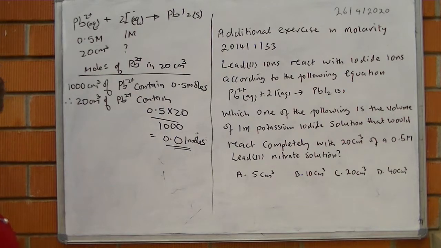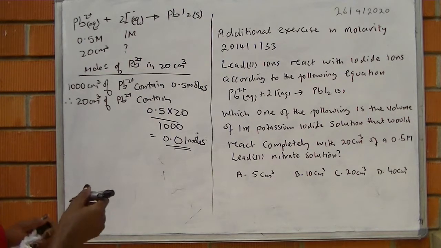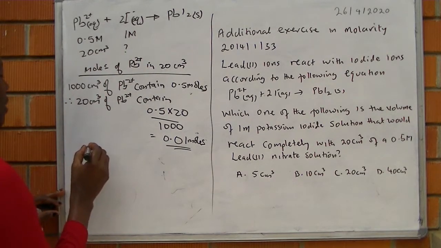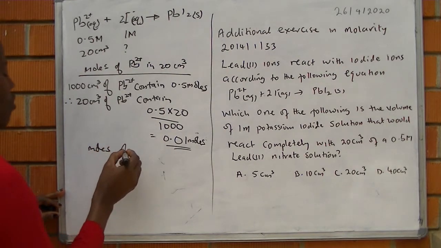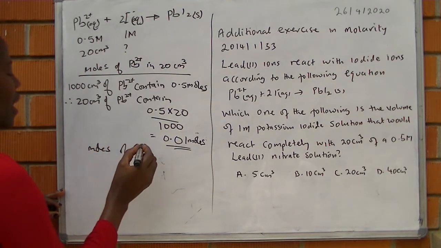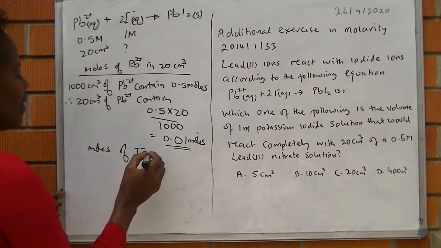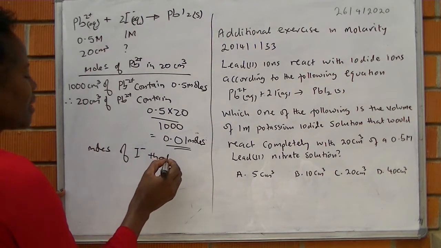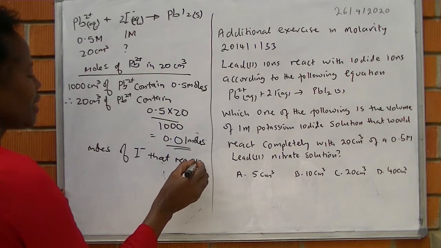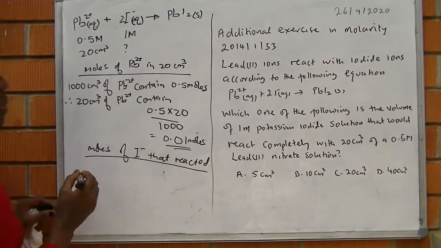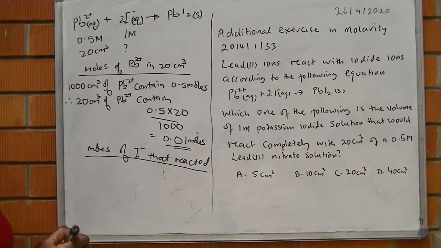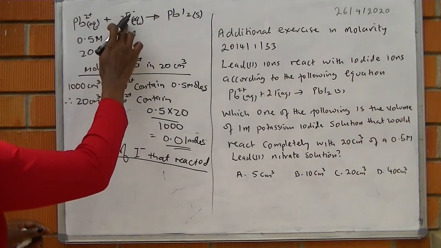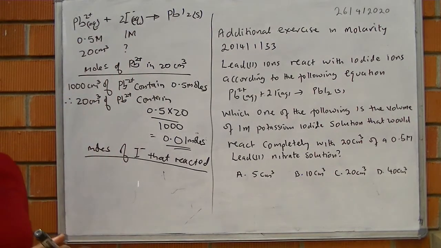So now we have to go and look for the moles of iodide ions that reacted with the lead ions. Remember in the previous lesson, I told you to get the moles of the opponent, always get them from the mole ratio.